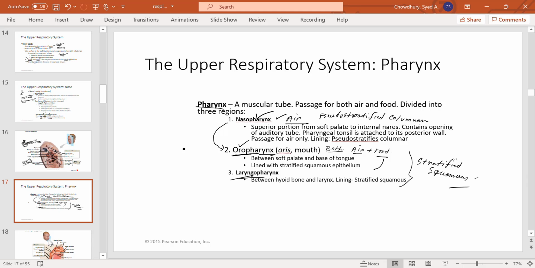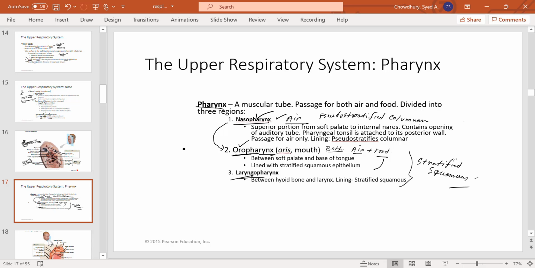Okay, now in the nasopharynx, couple of structures you will see. One is the opening of the auditory tube that connects the nasopharynx to the middle ear to bring the pressure equilibrium.